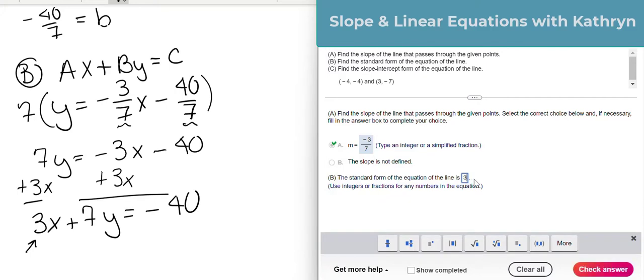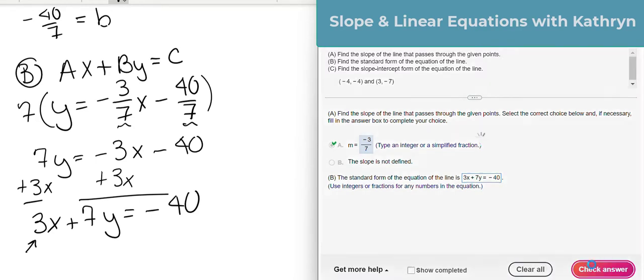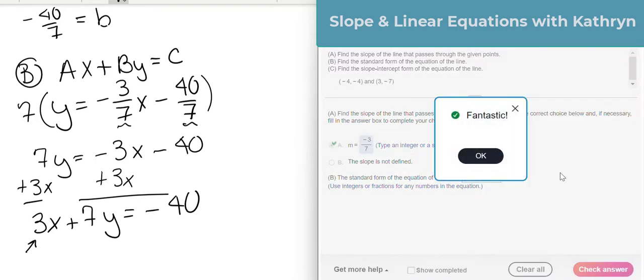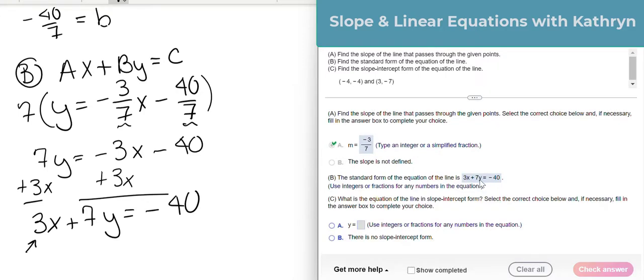We have 3x plus 7y equals negative 40. All right, check our answer. Yay, good job. Now, I want to mention one thing. If you type in 7y plus 3x equals negative 40, that will be marked wrong because that is not standard form. It's always x and then y.